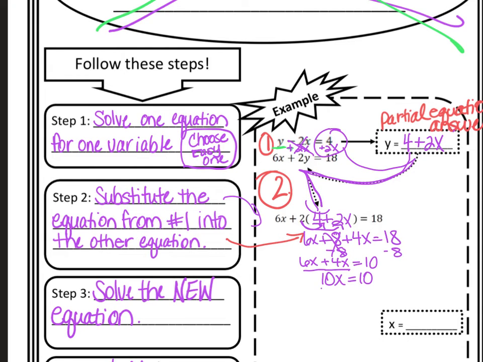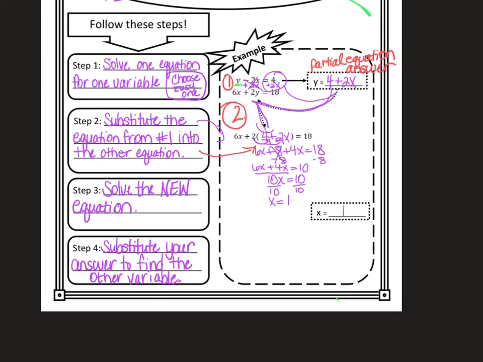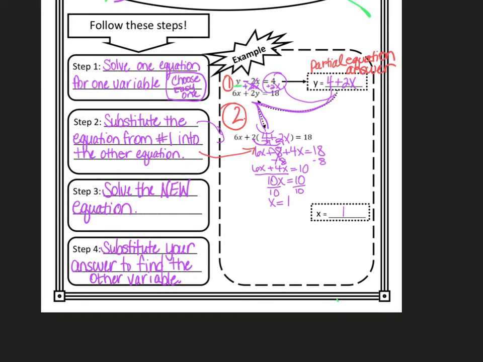Now, we know how to do this. Divide both sides by 10 because that's the inverse operation. X equals 1. So I have now found the value of x. Now I'm going to find the value of y by substituting my answer to find the other variable. Now remember, I told you that you could use either one of the original equations.